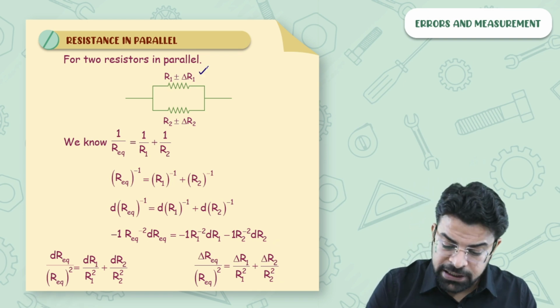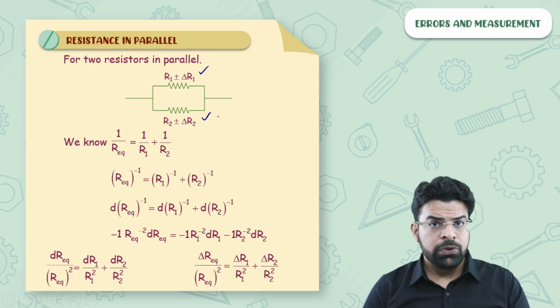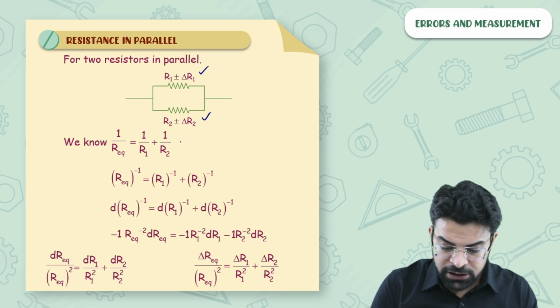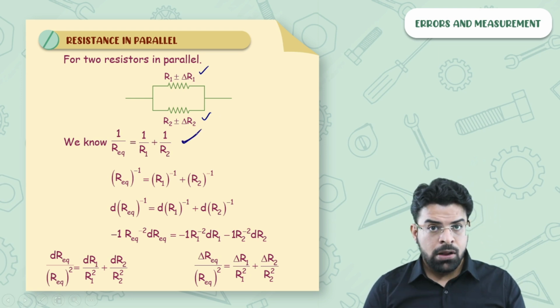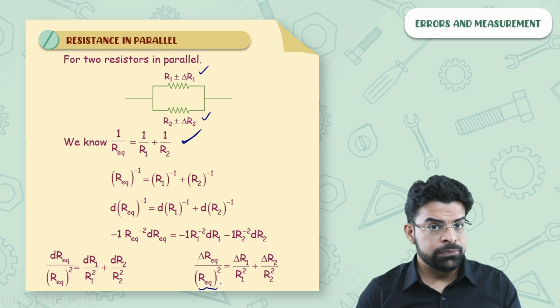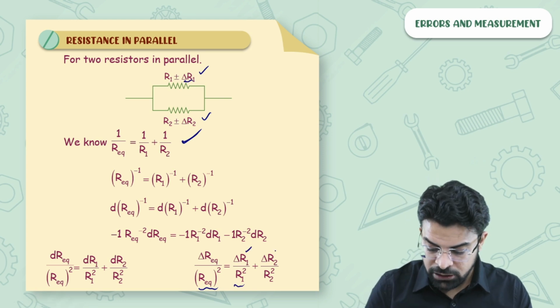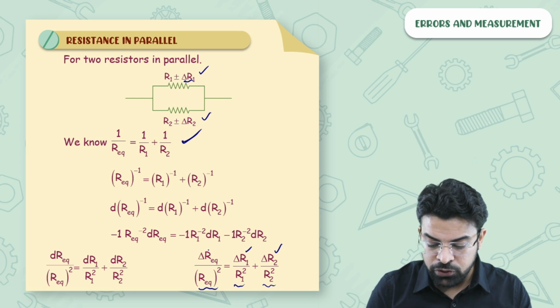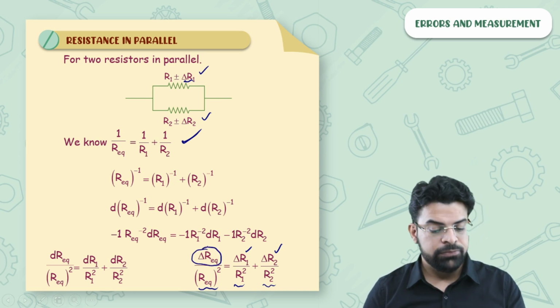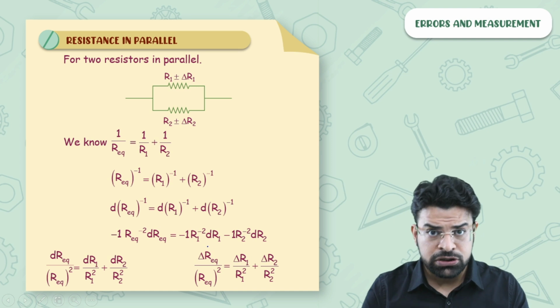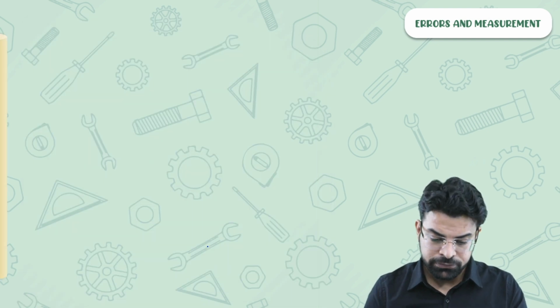So when they give you two resistances in parallel, first find out the R equivalent using this formula. Once you know R equivalent, substituting the values of delta R1, R1, delta R2, R2, you can find delta R equivalent. So let's practice a question to understand this better.